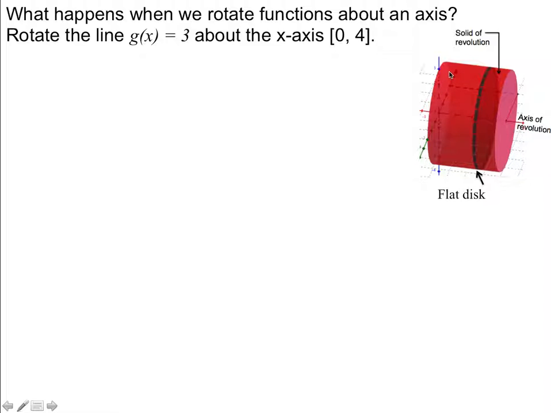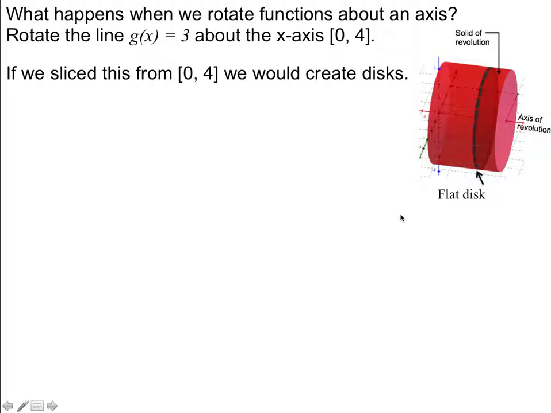So if you notice, if we slice this cylinder, we would create this flat disc surface. If we would take a slice out of this, kind of like you're slicing a slice of cheese or something, we would get this skinny flat disc. And if we started stacking a disc of this size at x equals 0, we could stack those discs of identical size all the way out to x equals 4.